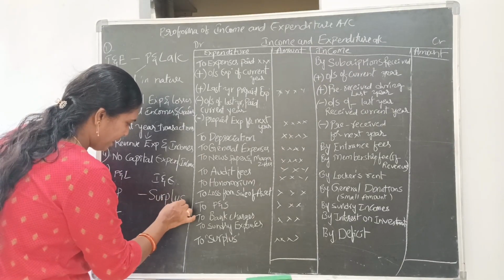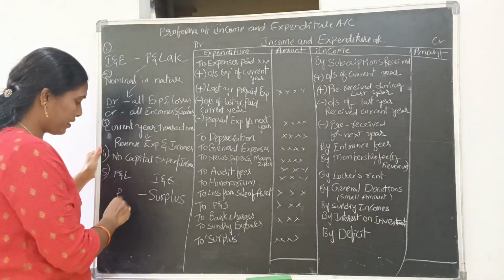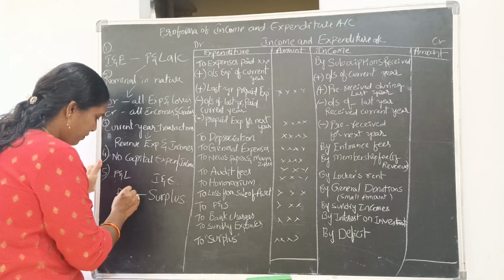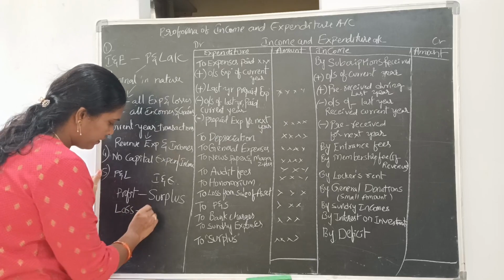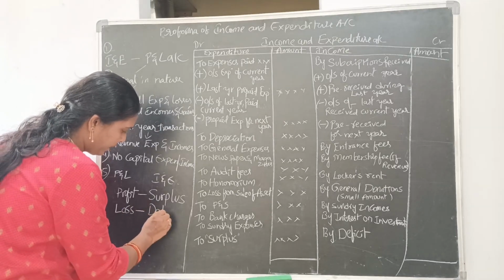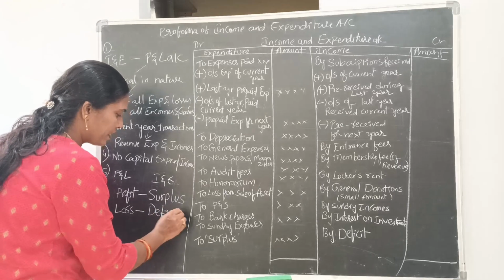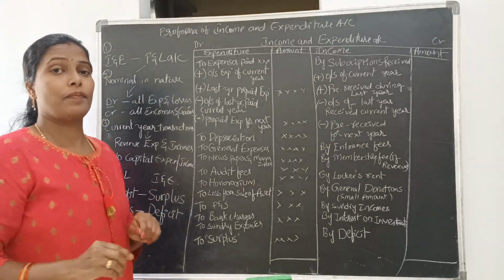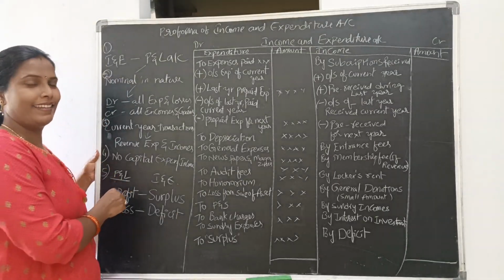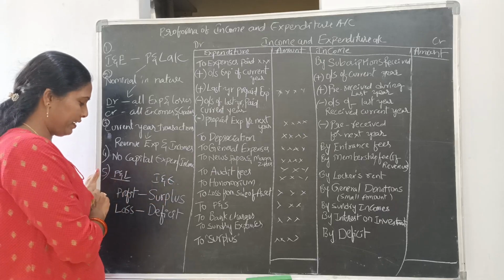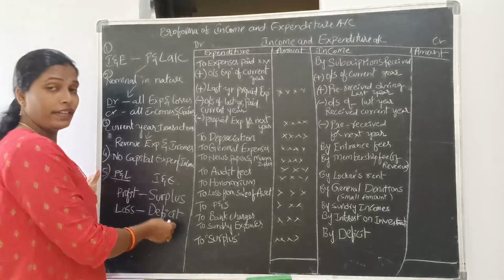In place of loss we use the word deficit. Profit is commercial, and this is a non-commercial organization, so we call profit a surplus and loss a deficit.